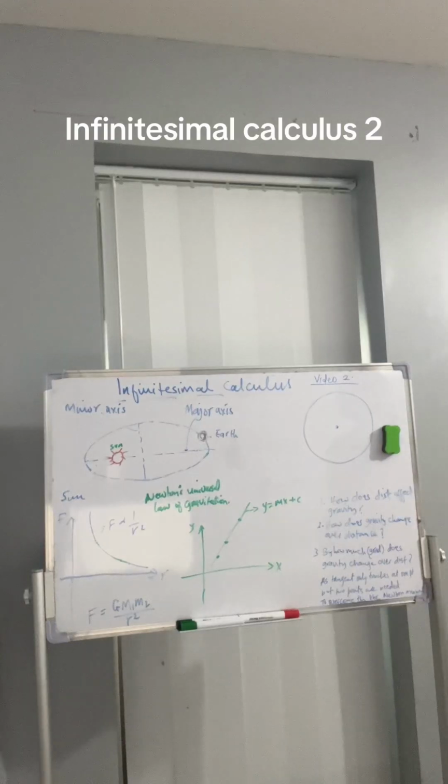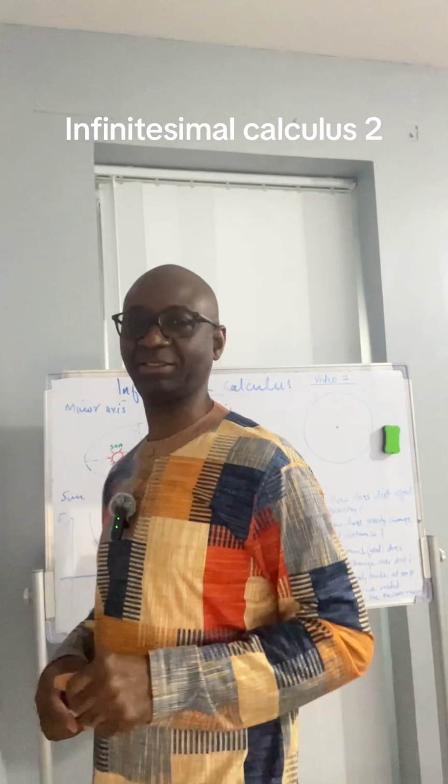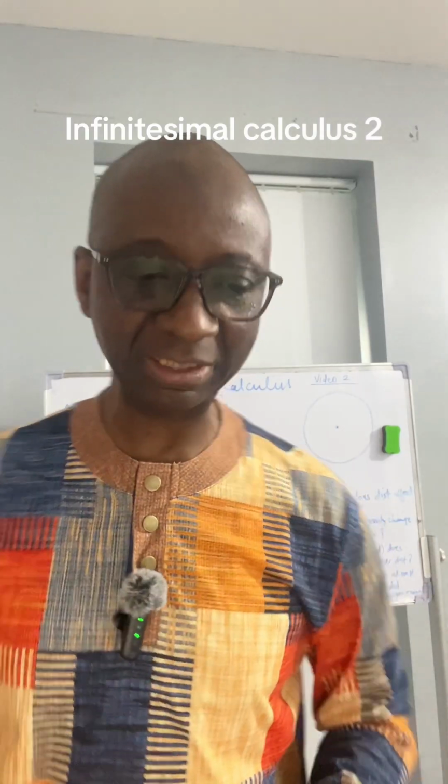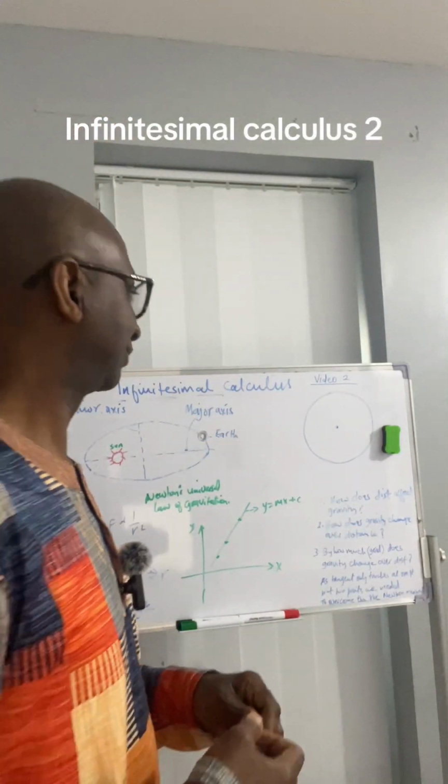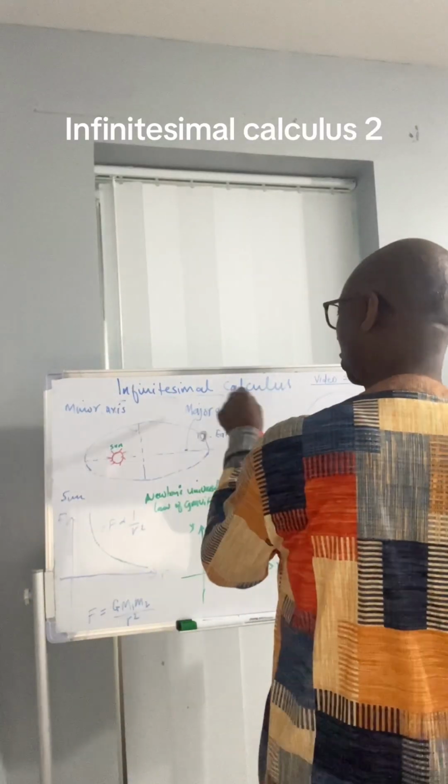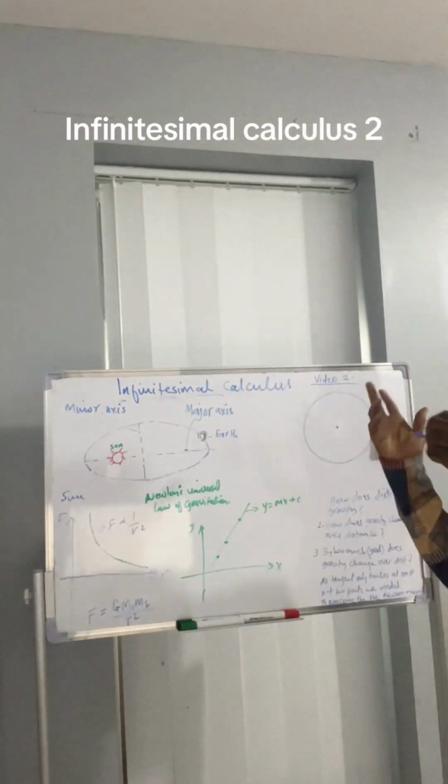So, in the 1660s, Isaac Newton was not even trying to invent calculus. Instead, he was trying to understand motion. In the 17th century, he was not actually trying to invent what calculus is.